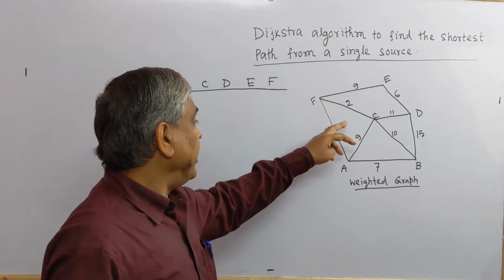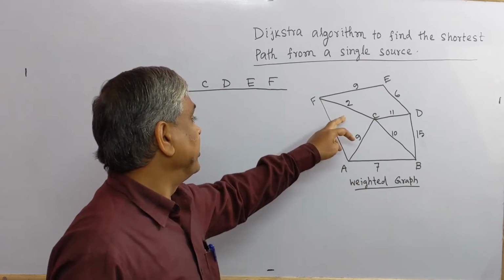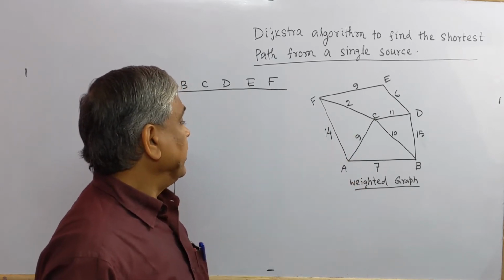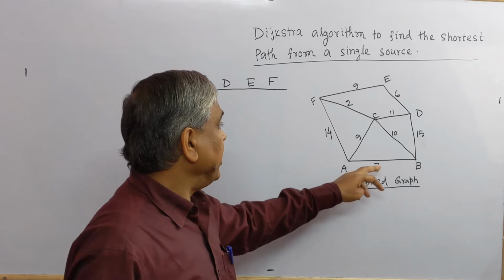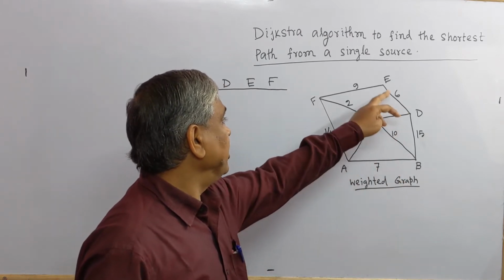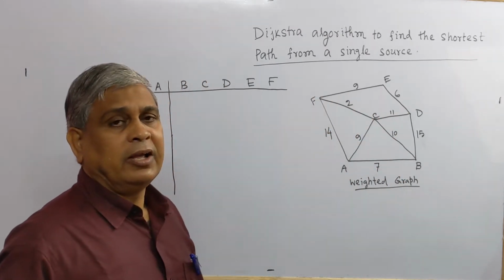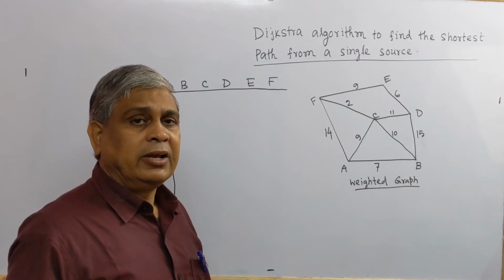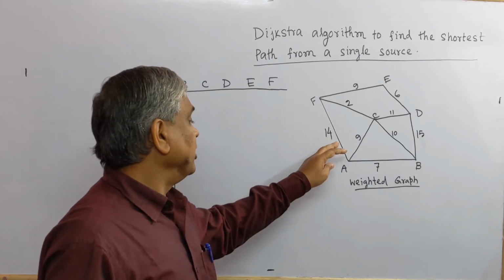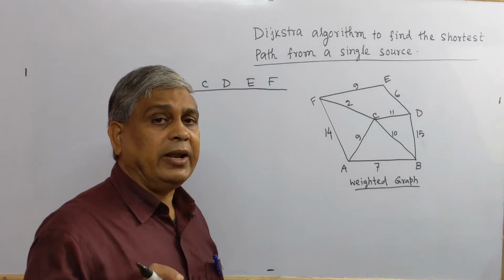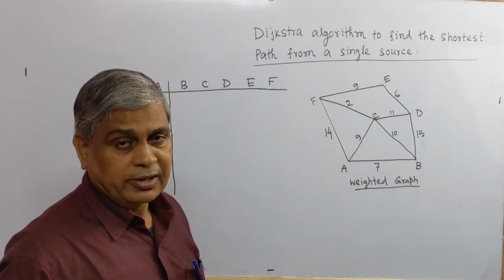Now let we have a weighted graph. Here vertices are A, B, C, D, E, F, and each edge is assigned a non-negative real number.